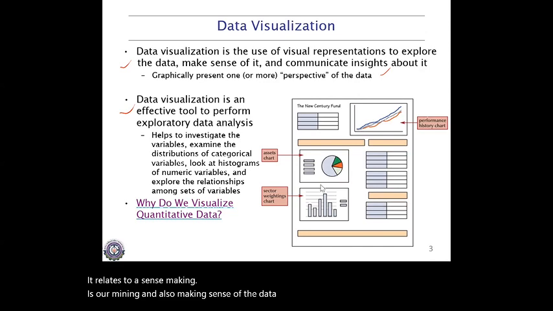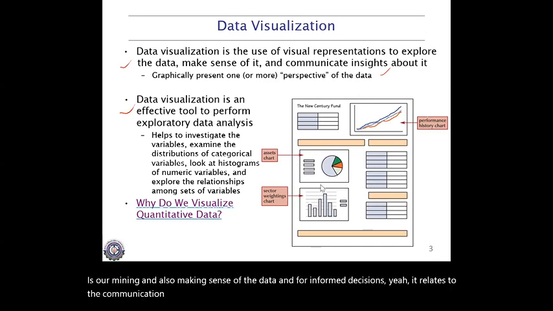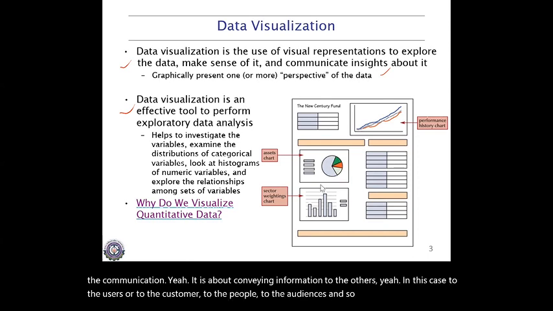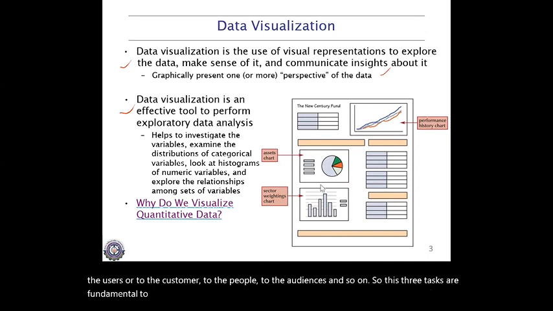And informed decisions relate to communication. It is about conveying information to others, in this case to the users, customers, people, audiences, and so on. So these three tasks are fundamental to data visualization.